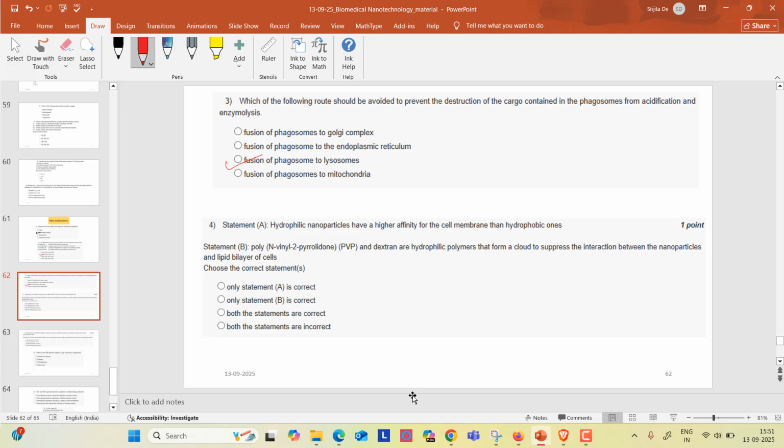Only statement B is correct. Because hydrophobic nanoparticles have a higher affinity for the cell membrane because the cell membrane is negatively charged. So hydrophobic nanoparticles will have a kind of attraction towards the negative cell membrane, right? So that is why statement A is wrong. Only statement B is correct.